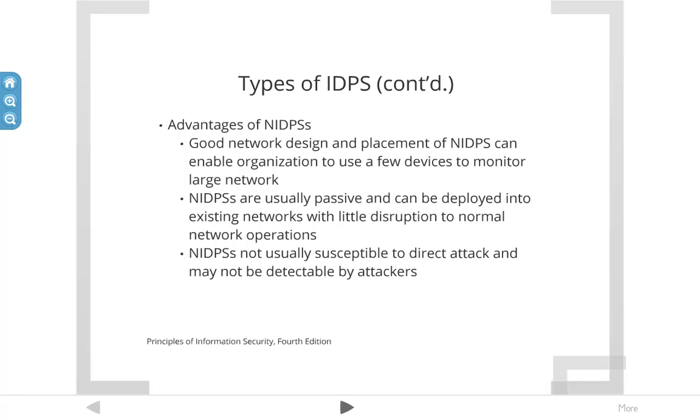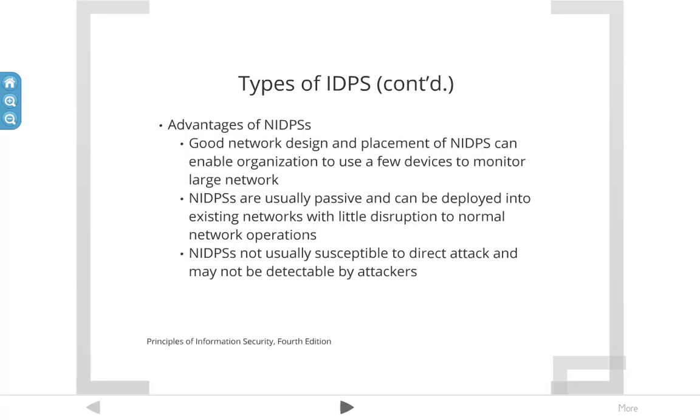All right. So here are some of the advantages of the network-based IDPS. I think that most IDPS systems today are going to be network-based. The reason is that with the other type, which is host-based, you have to install something on every host, and then you have to maintain that system on every host.